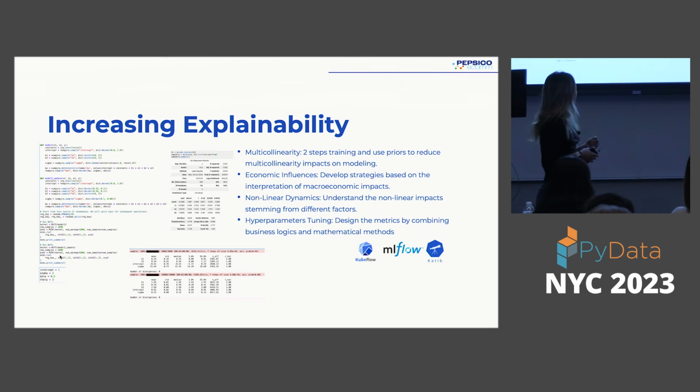In our case, we've discovered that using the Bayesian approach actually helps reduce the multicollinearity effect. So there is a toy case. We use this two-step training. In the first step, we exclude one of the factors, let's say price and inflation.